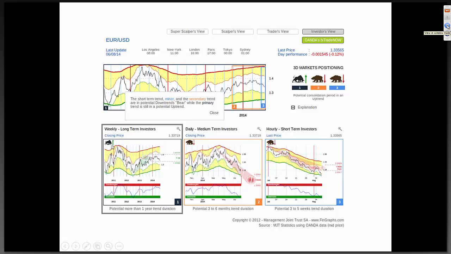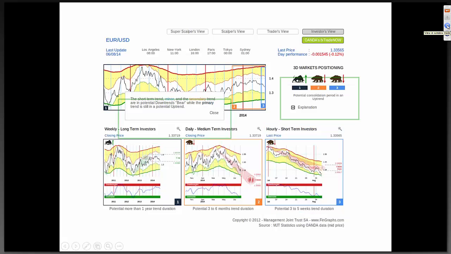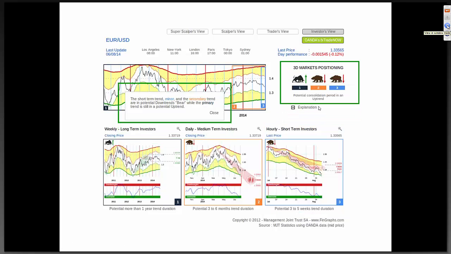We're in a daily, we counted in months here, in a daily potential bear, potential downtrend. And now we're in the hourly, counting in weeks, and we're in a potential downtrend. The summary is we are in a potential consolidation period in an uptrend.